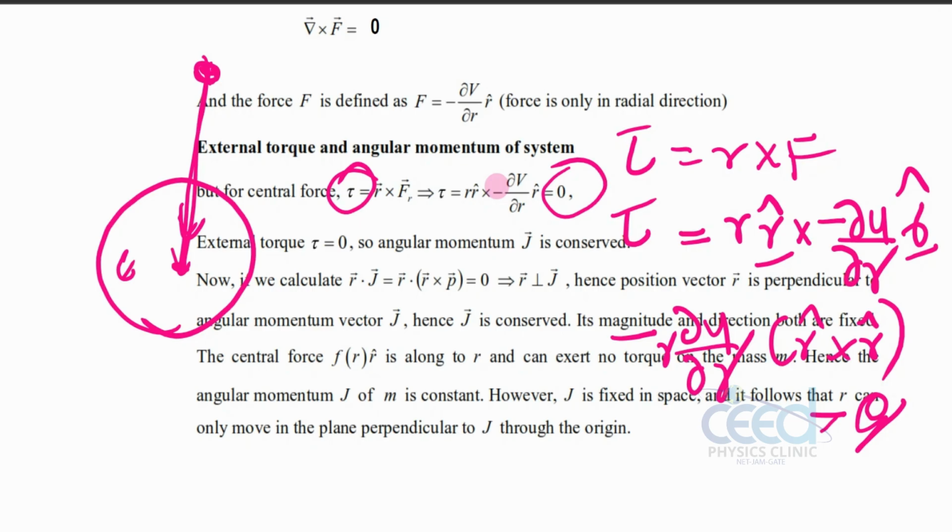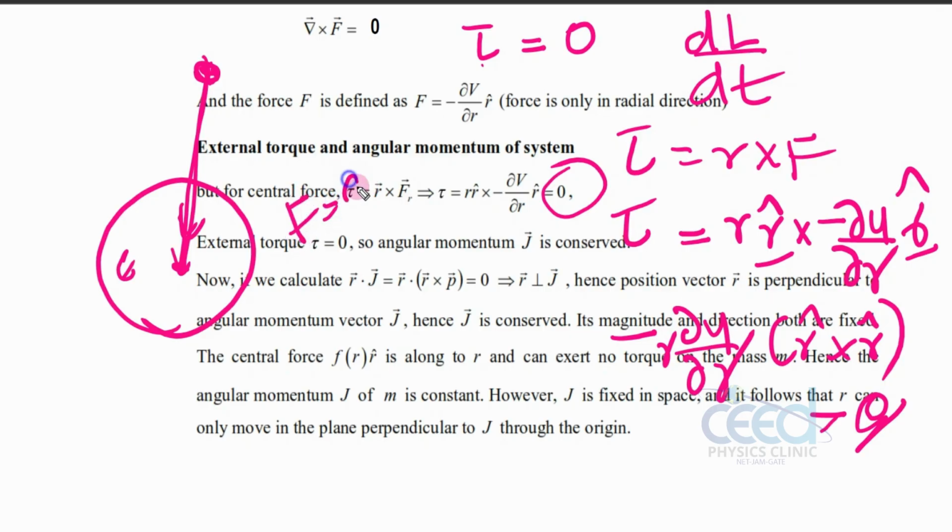Torque 0 means, what we studied: torque is equal to the rate of change of angular momentum. You studied linear force F is equal to dp by dt from Newton's law, in previous lectures on Newtonian mechanics.